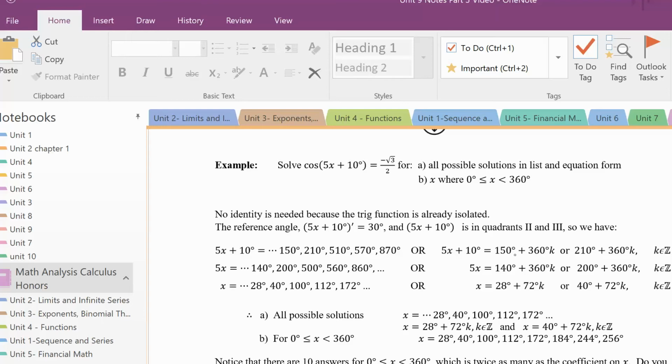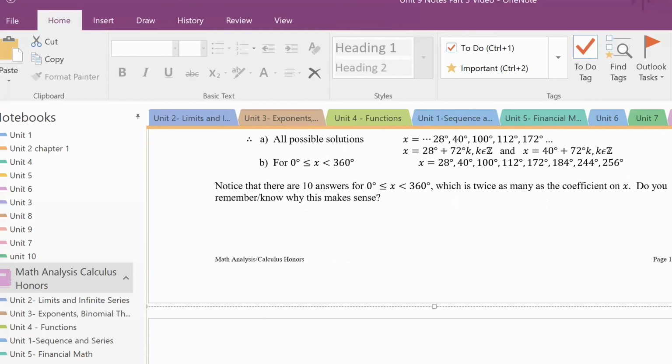Your equations for that are 150 degrees plus 360k, or 210 plus 360k, because those are the two that are between 0 and 360. And then you just subtract 10 and divide by 5, and you get all the answers between 0 and 360. And that gives you your equation as well.